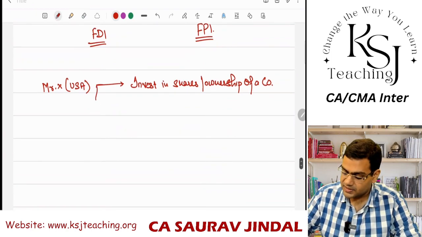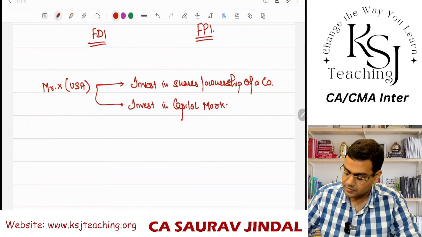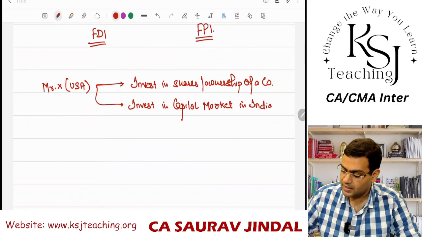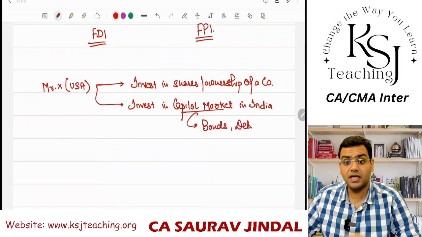Another way of investing is he invests in the capital market in India. Capital market means investing in bonds, debentures, one and the same thing, right? So these are the two ways.